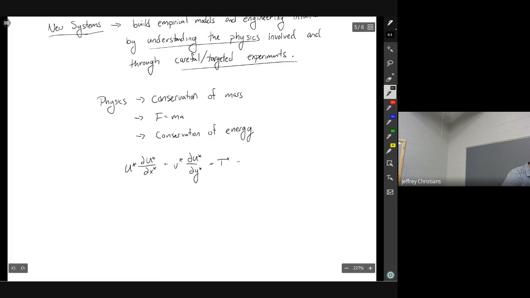So the equation that we just wrote, 1 over Grashof to the 1/2 d squared u star dy star squared, right? So that's F equals ma.